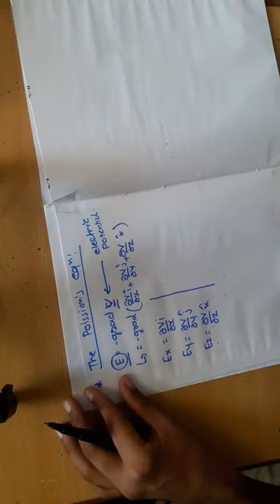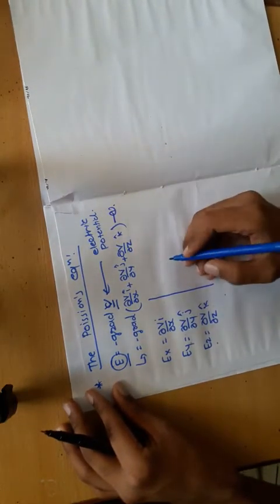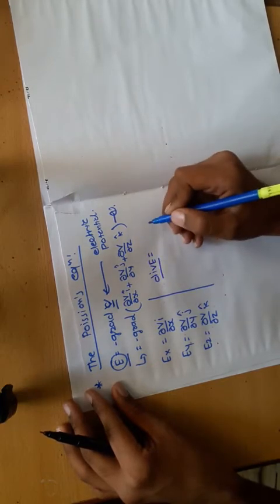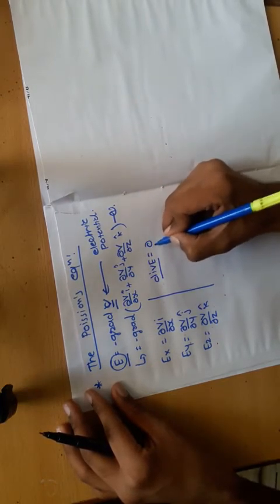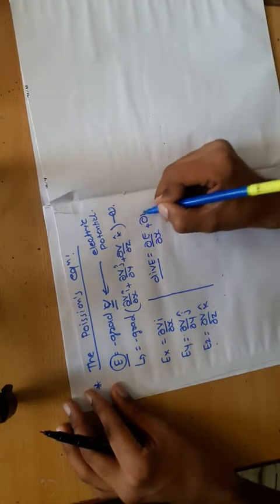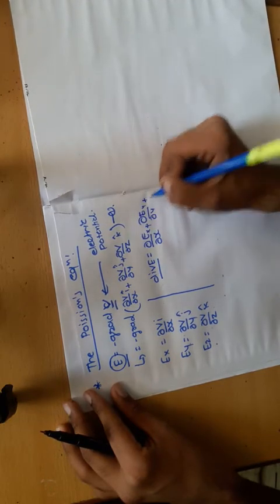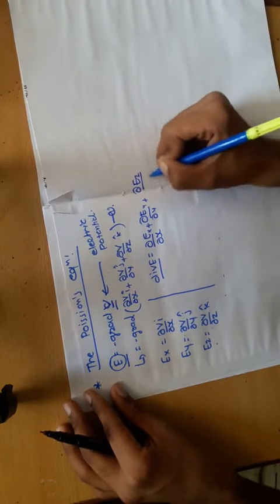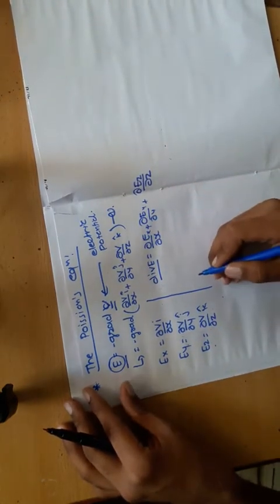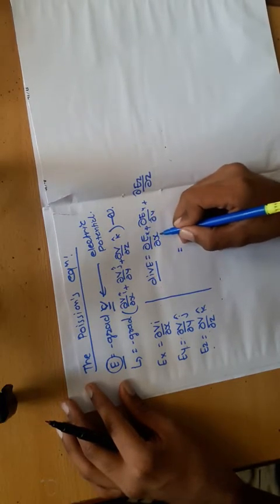Okay, so from this equation, what will be the divergence of E? Divergence of E is del Ex upon del X plus del Ey upon del Y plus del Ez upon del Z.